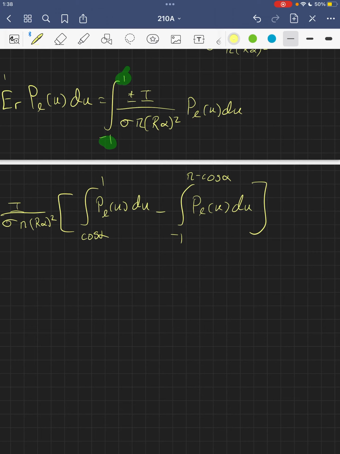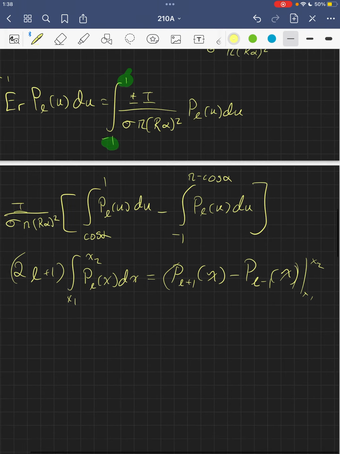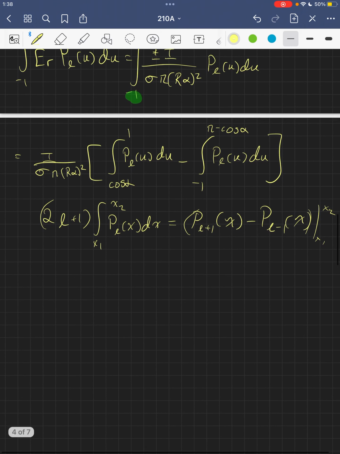The given hint was 2L plus 1 times the integral from x1 to x2 of PL of x dx is equal to PL plus 1 of x minus PL minus 1 of x evaluated at x2 and x1. Oops, I got those bounds backwards. Okay, cool.